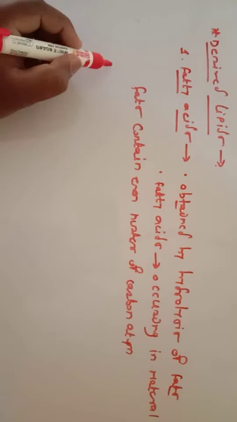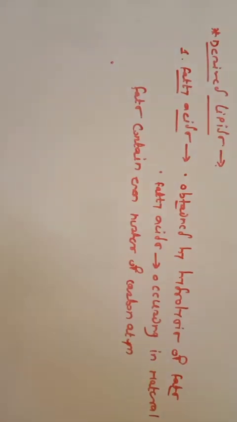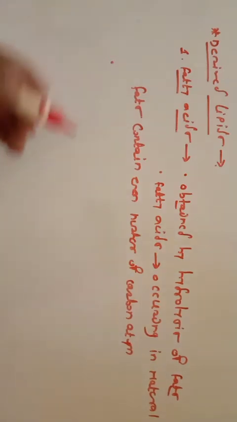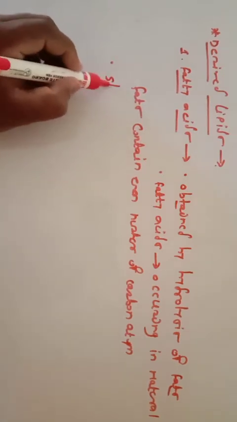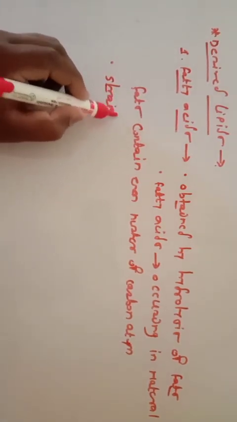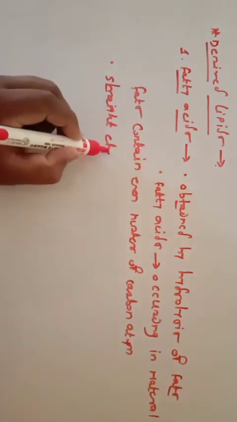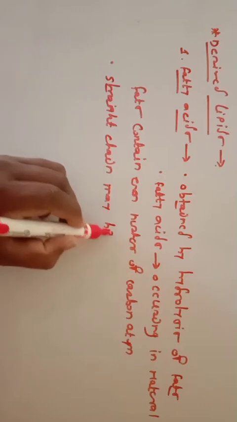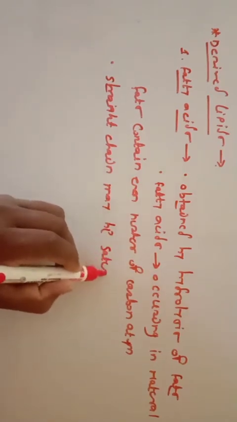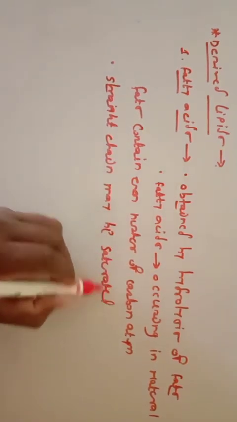Again, the third important point is that the straight chain may be saturated, containing no double bond, or unsaturated, containing one or more double bonds.